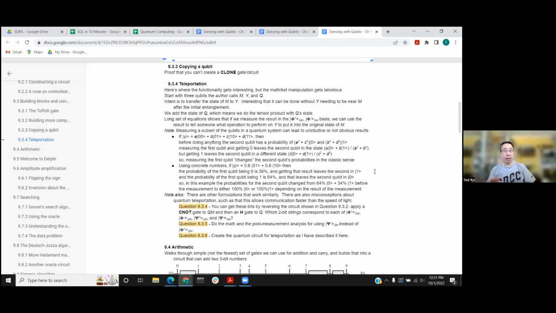And these are going to be classical results. You're either going to get 0,0, 0,1, 1,0, or 1,1. You're not going to learn anything about the state, right? You can't do that when you measure. You just get classical bits out. And based on those 4 results, we will tell the second person what to do with their Y qubit. And after they do that, it will be in the original state of M.